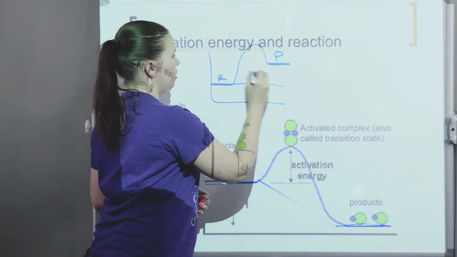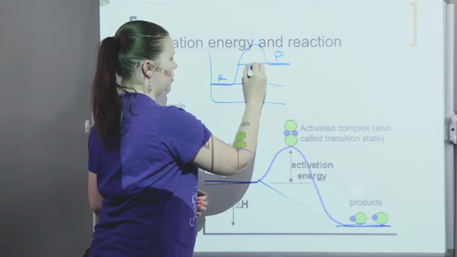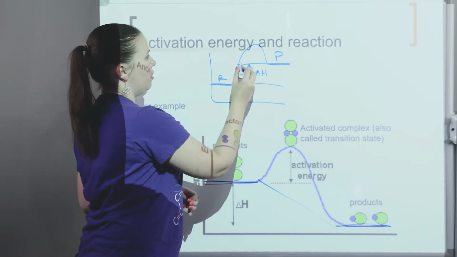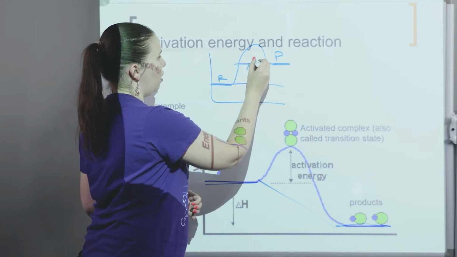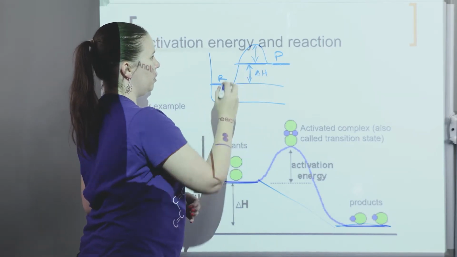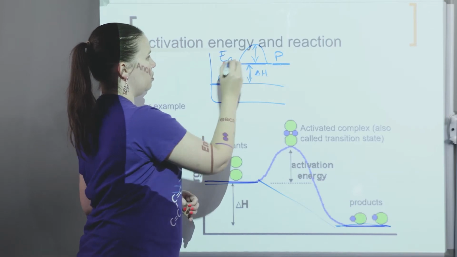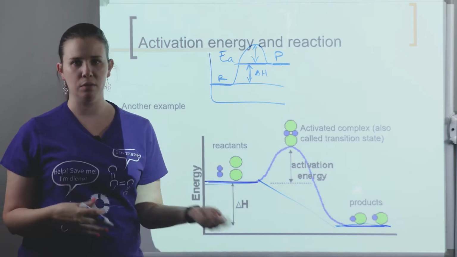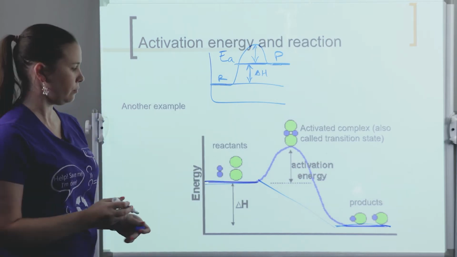So the net change between the product and reactant is always the enthalpy. And then from wherever that leaves off to the top of your bump is your activation energy, which is abbreviated capital E with a subscript of a lowercase a.